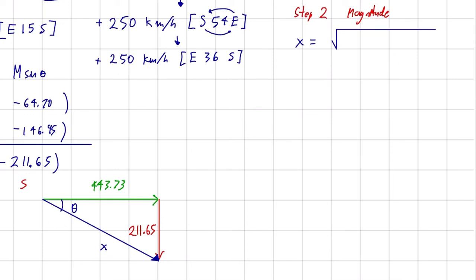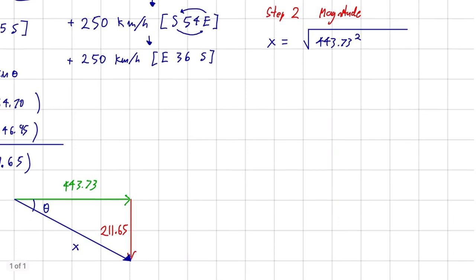Again, the Pythagorean theorem tells us that the hypotenuse is equal to the square root of the other two sides of the triangle squared, just like this.